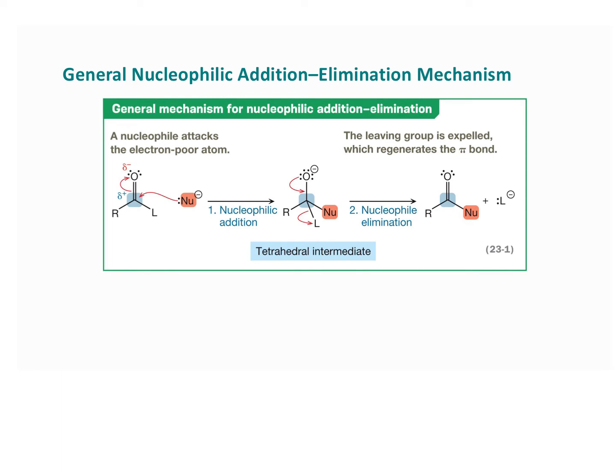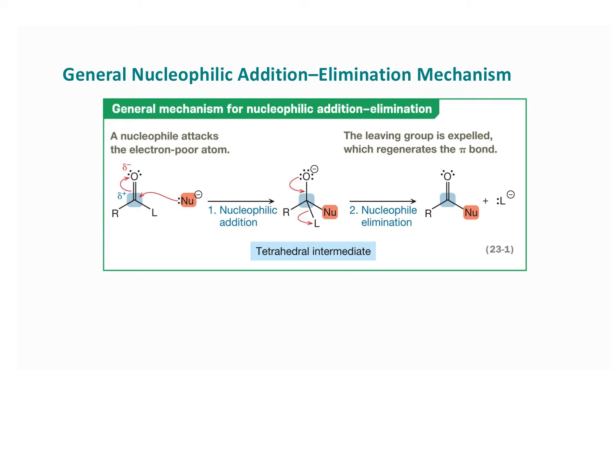Well, here, what we're going to do is expand our discussion of nucleophilic addition elimination reactions to include ones where the nucleophiles are weak or derived from reagents that are non-nucleophilic. Fundamentally, the reactions in this chapter are quite similar to the ones in chapter 22, but there are some key differences. And we'll point those out as we go along.